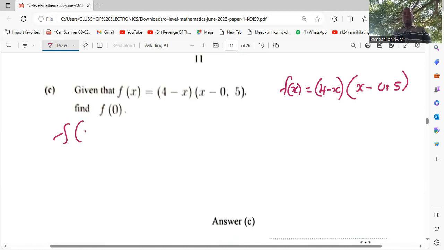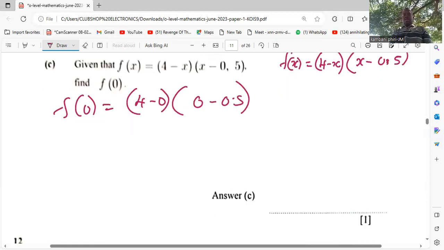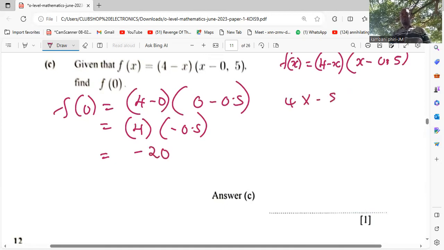F of 0 will be 4 minus 0, over 0 minus 0.5. So what we get is 4 over negative 0.5. If you have a problem, just multiply 4 by negative 5, and get negative 20.